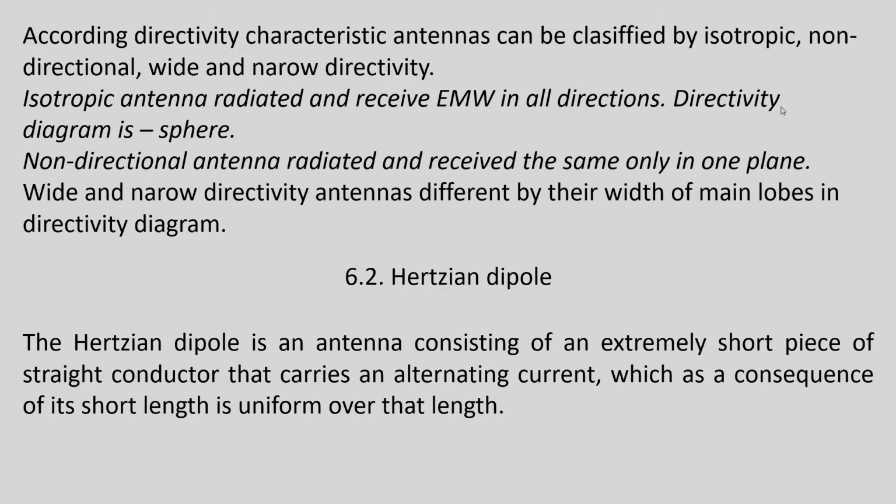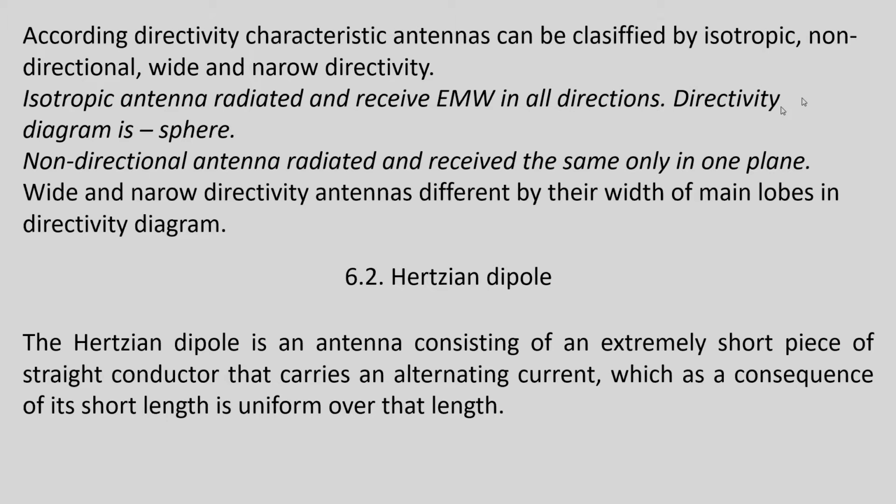So the Hertzian dipole is an antenna consisting of an extremely short piece of straight conductor that carries an alternating current, which, as a consequence of its short length, is uniform over the length.